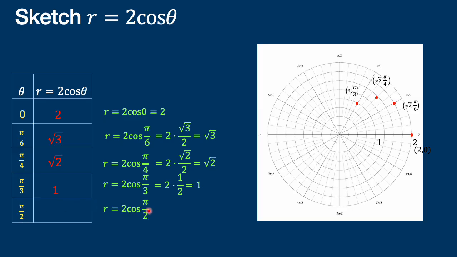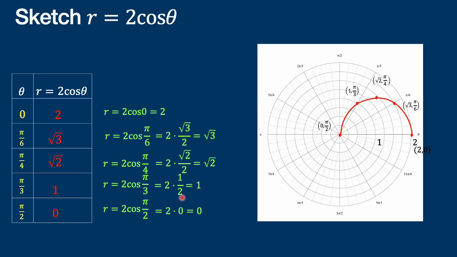Right? Pi over 2. r is 2 cosine pi over 2. Cosine pi over 2 is 0. r is 0, right? So at pi over 2, r is 0. Pi over 2 is here, this line. r is 0 is the origin. Once that's plotted, you connect the points, guys. Okay? That's connected.